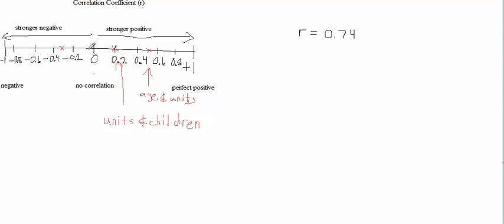So my main point is if you have a negative correlation and a positive correlation, it doesn't mean that the negative correlation has to be weaker than the positive correlation. Negative doesn't mean the same thing as weak. A lot of people might tend to think that a negative correlation means weak and a positive correlation means strong, but that's not true. The strength is actually the distance from zero.